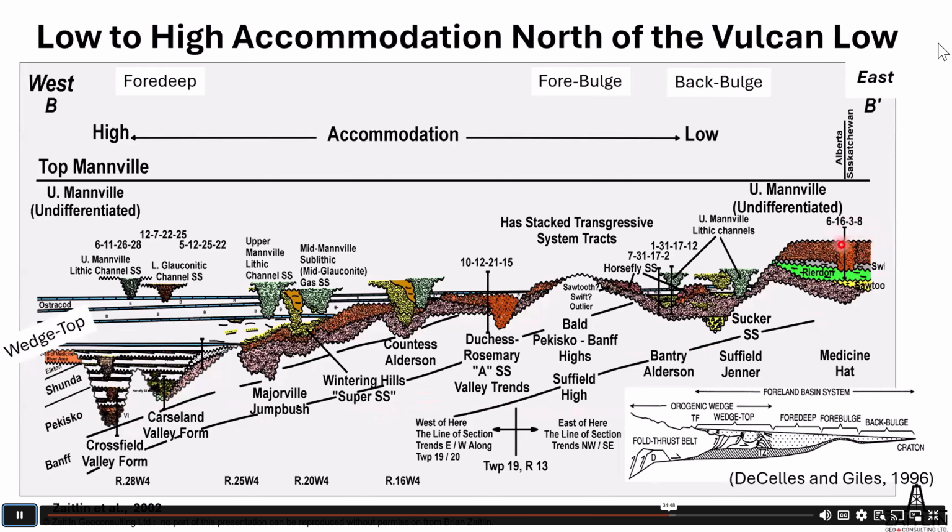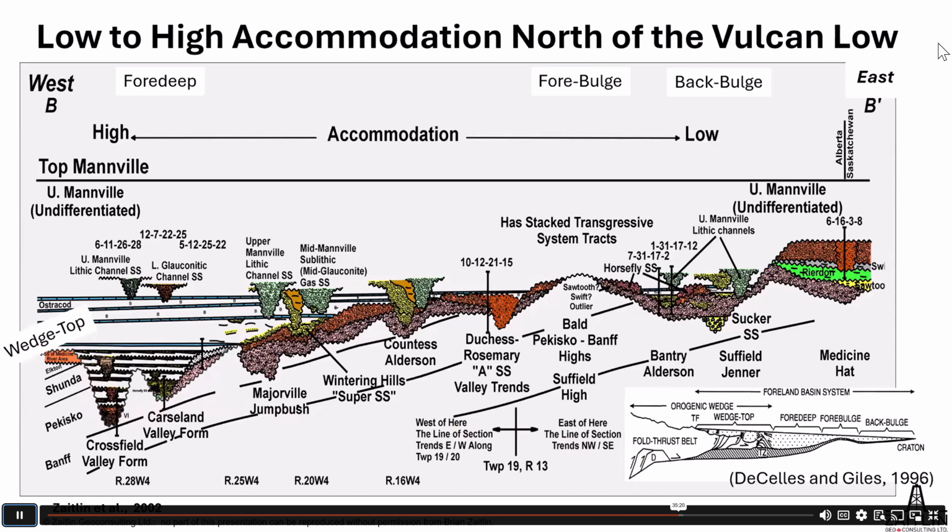By the time we get over here, we're in the back bulge area, and we're starting to see the change in paleo drainage when we're associated with the forebulge located here within cycle 2. And in cycle 2 here, we get those thick packages of Bat and Ellerslie mudstones with isolated incised valleys like the Penhold incised valley system located in these types of deposits.